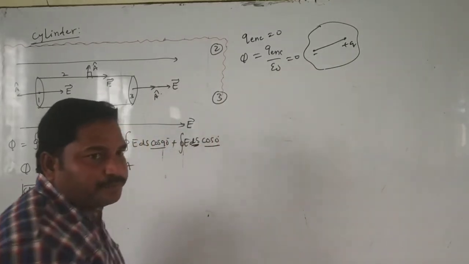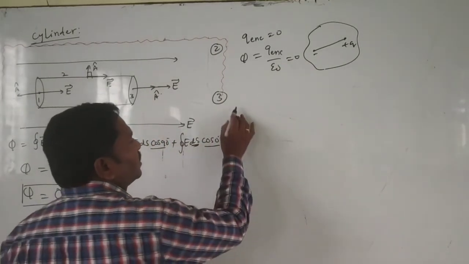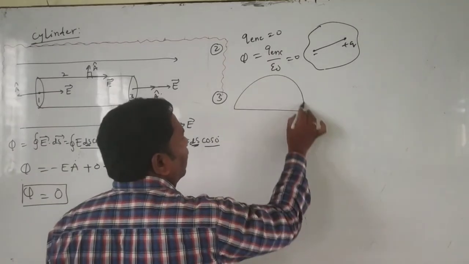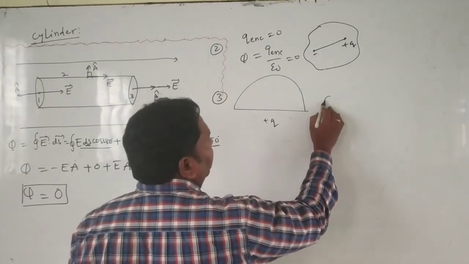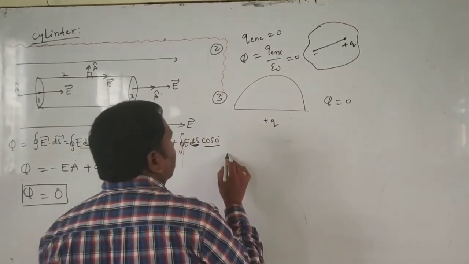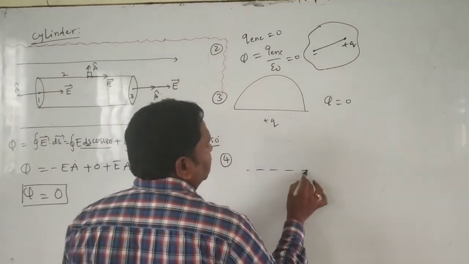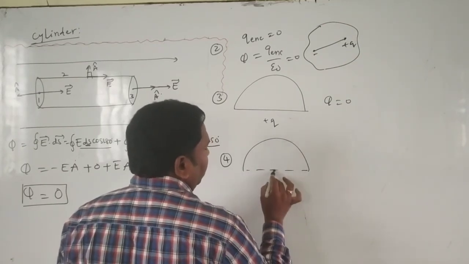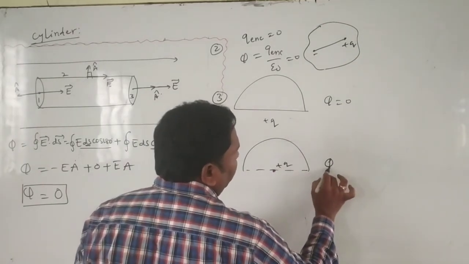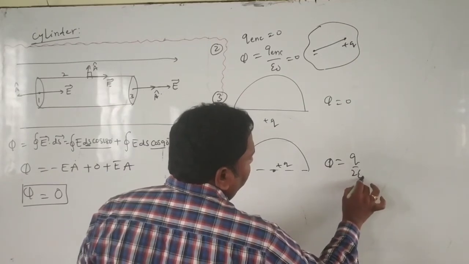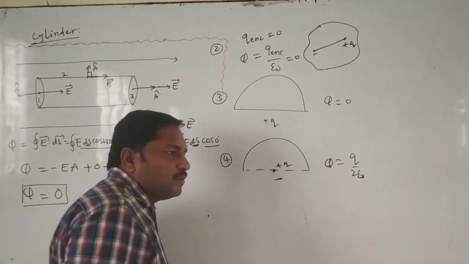Number third, suppose the charge is outside the surface, how much flux is produced? 0. Next, number 4, suppose the charge is here, what is the electric flux produced? Q by 2 epsilon naught, because it is spread across two surfaces.